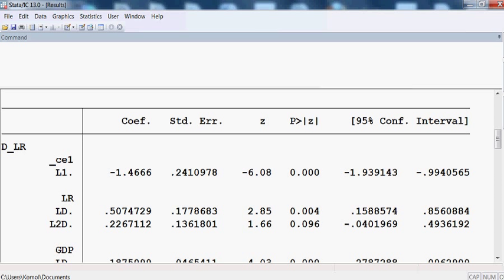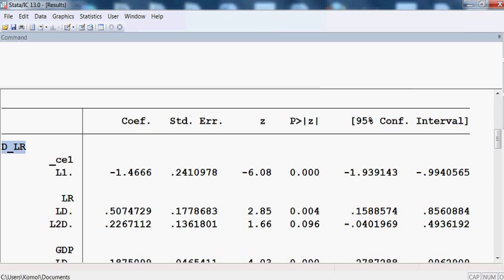Suppose I put LR last time, it has become DLR because it was automatically converted to first difference, and the first difference data is stationary, that we have already assumed.